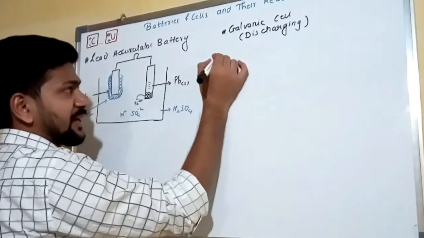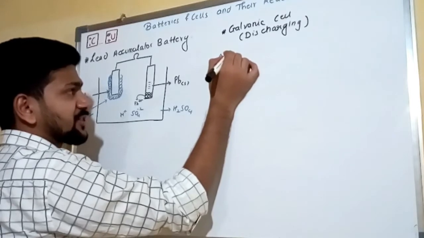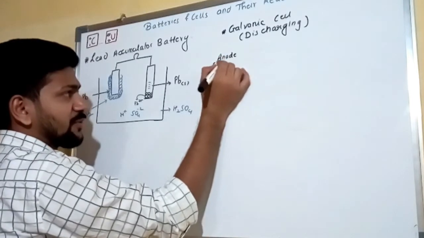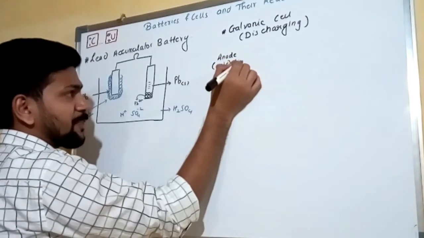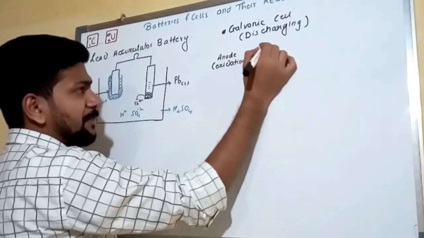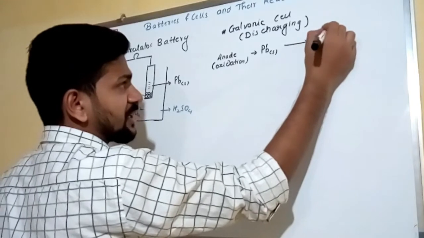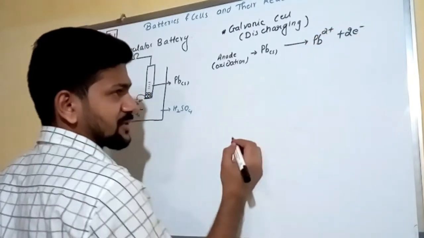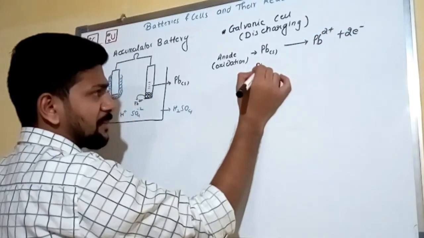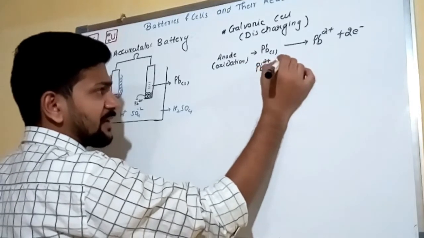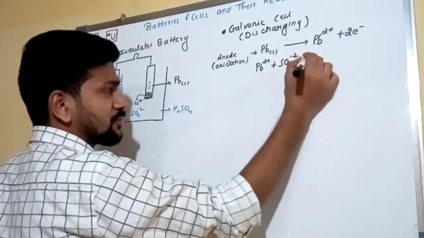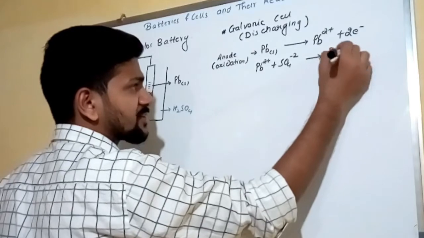So what will be the first reaction? The first reaction will be the anodic reaction, since oxidation is taking place over here. So the reaction will be Pb, solid, getting converted into Pb2 plus plus 2 electrons. This Pb2 plus will combine with SO4 minus 2, giving you PbSO4.